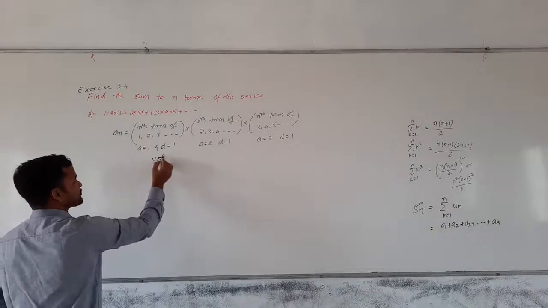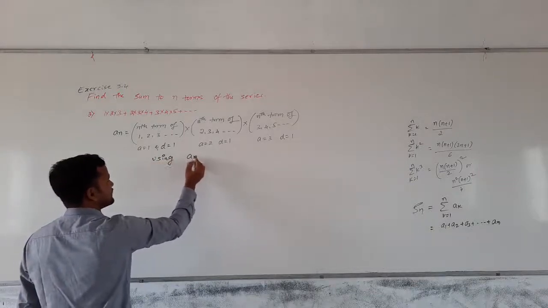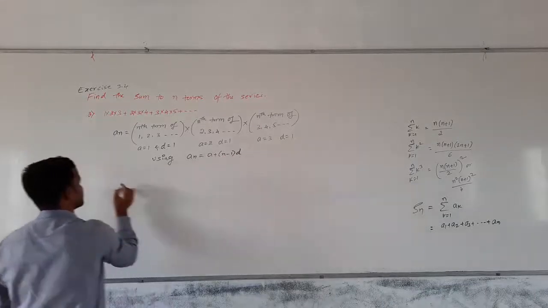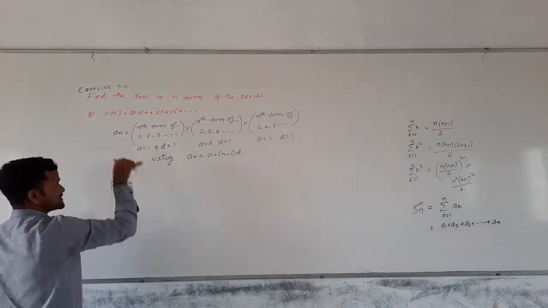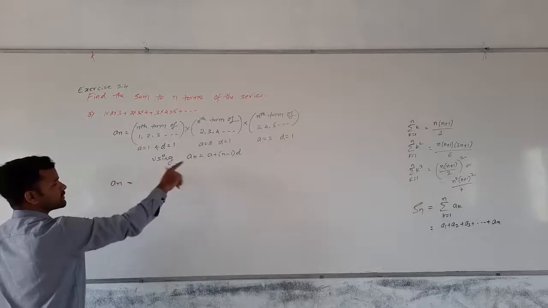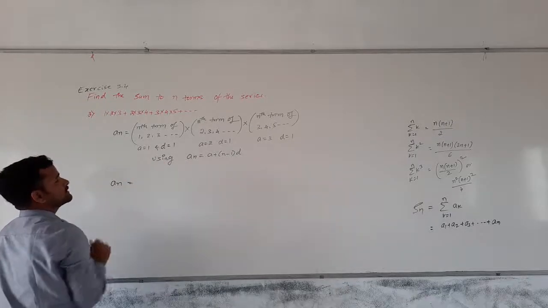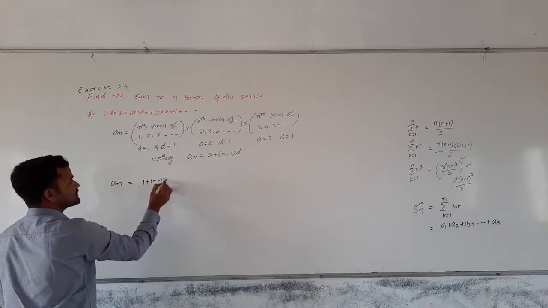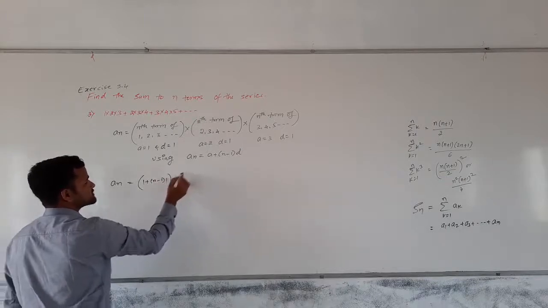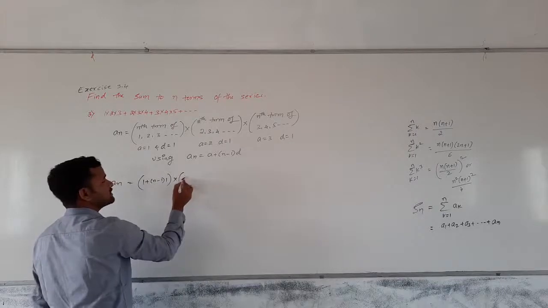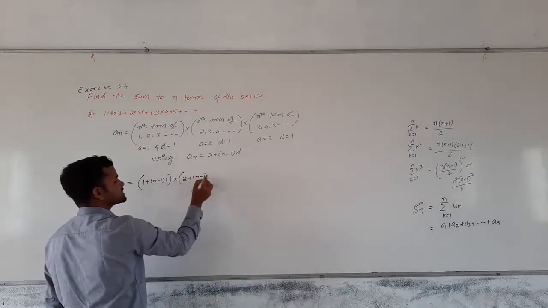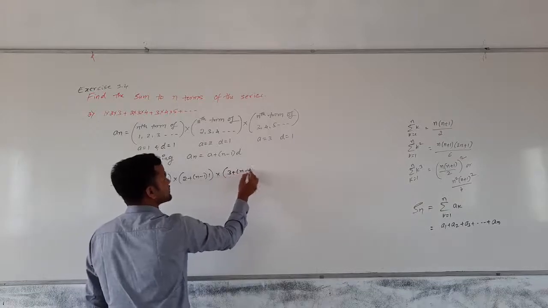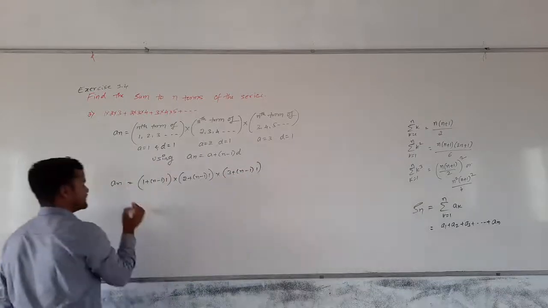We will use the formula an is equal to a plus n minus 1 into d. Now for the an of this special series, I am using this formula in all 3 terms. a is 1 here, so 1 plus n minus 1 into d, which is multiplied with the second one, 2 plus n minus 1 into 1, into 3 plus n minus 1 into 1, like that it is going.